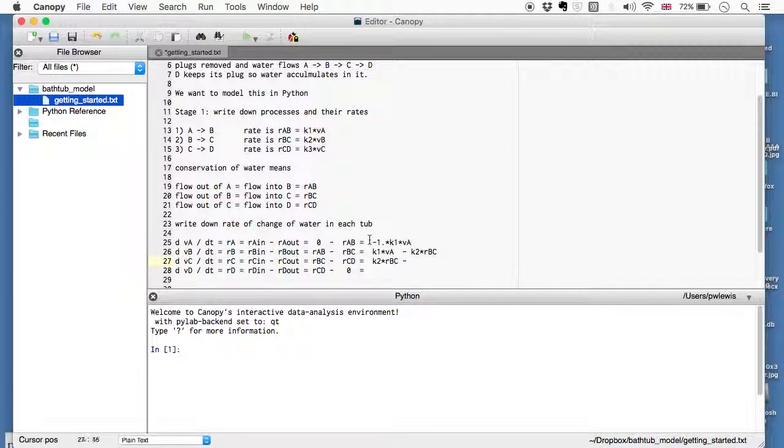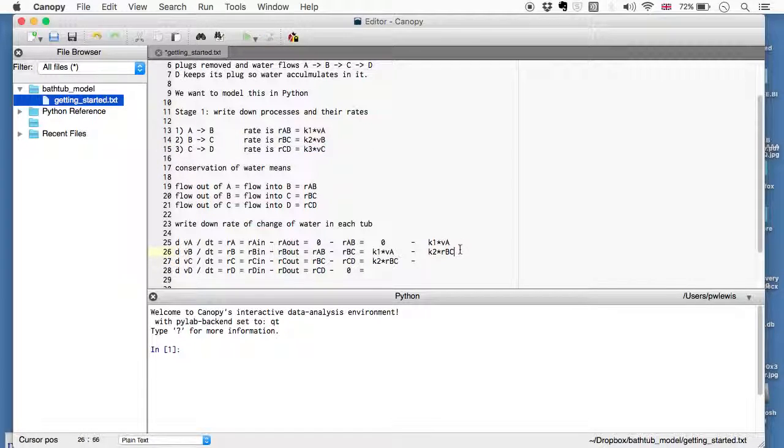minus, if I were to align these up, instead of that, I'm just going to put the naught minus, which makes it a bit clearer, I think. So minus this.